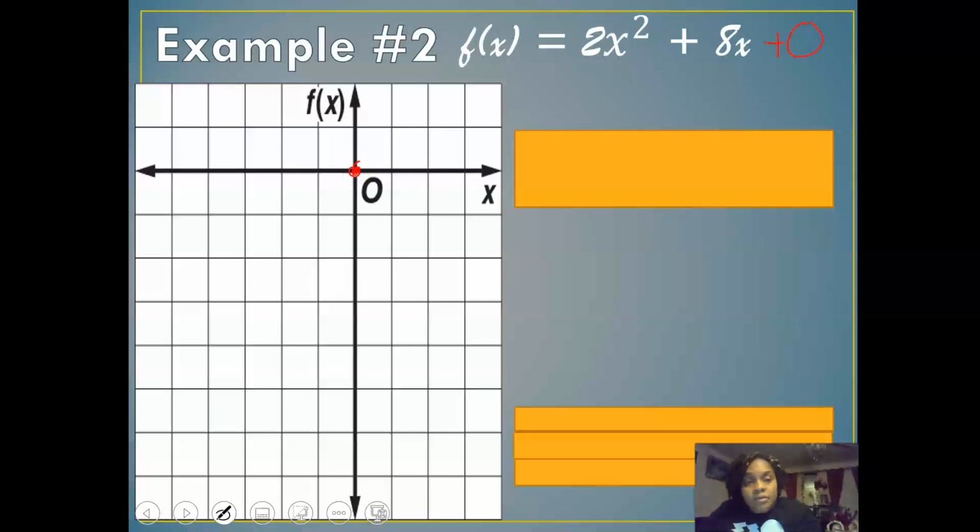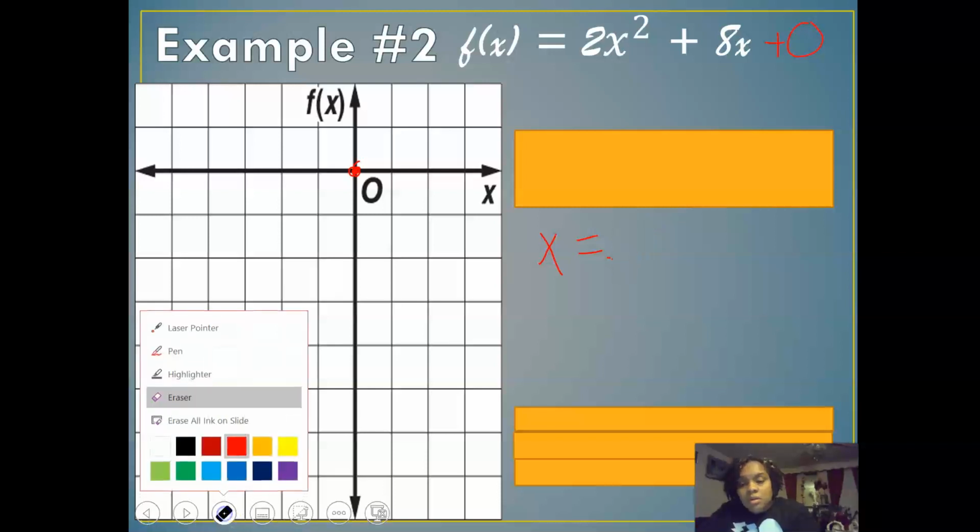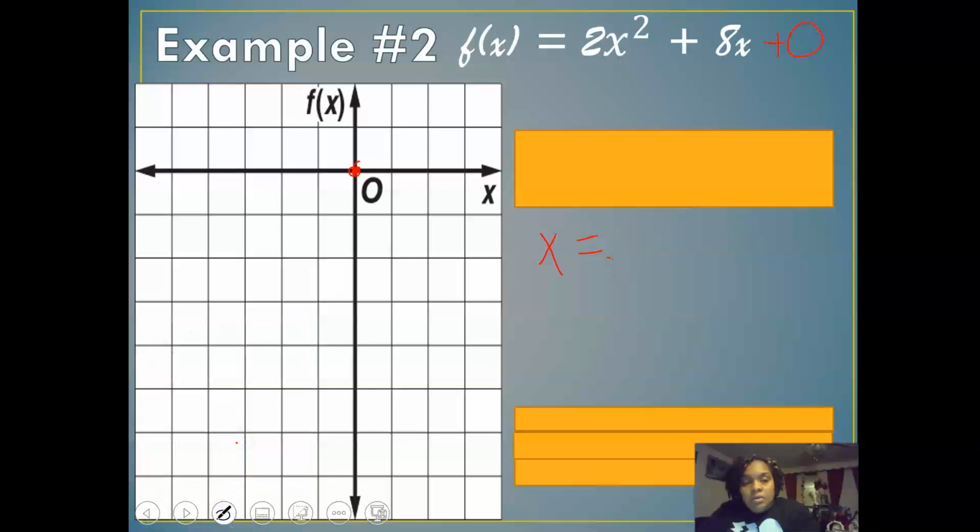The vertex here would be x equals negative b over 2a, which is 8 over negative 4, which is negative 2.